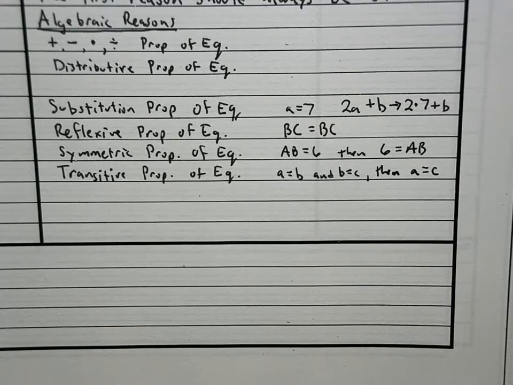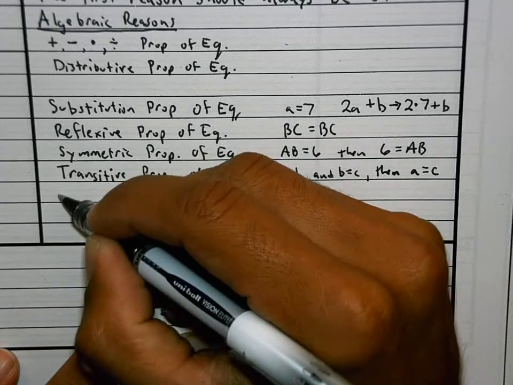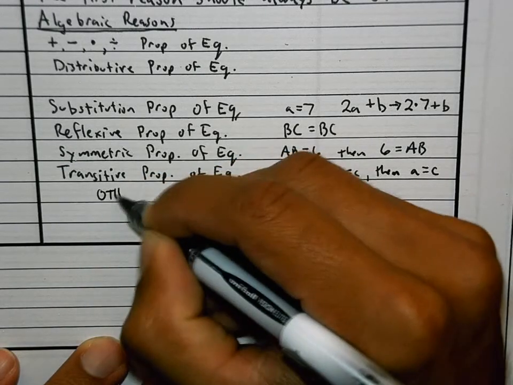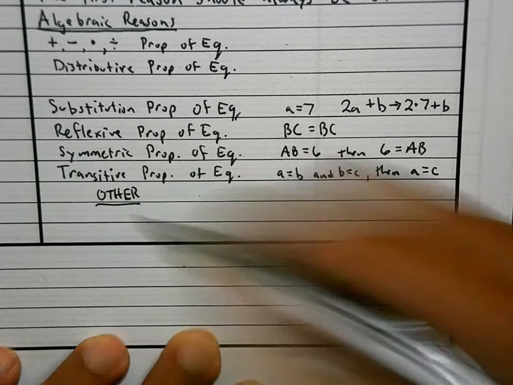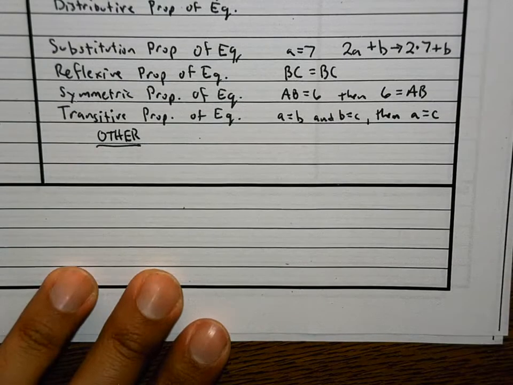These are the additional reasons you might need for a proof. The other things that I wrote down here, I have a few others. I call these the other reasons. What I wrote down last year: segment addition postulate.